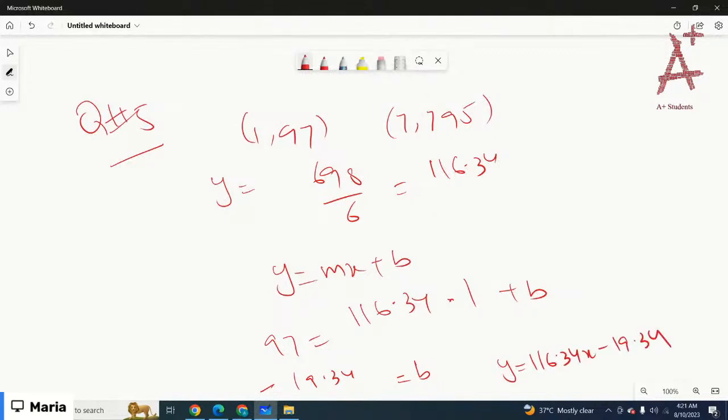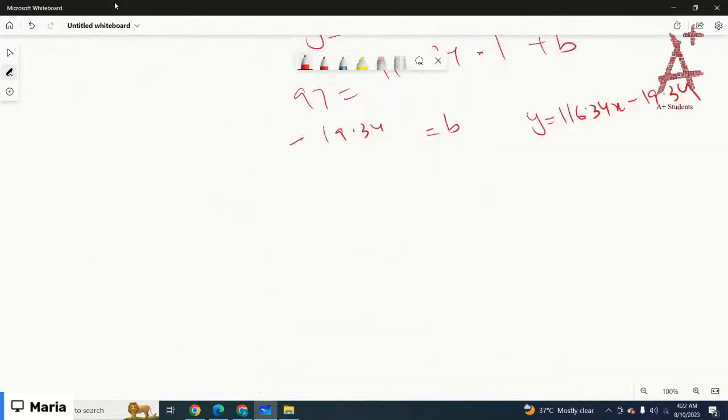Okay, let's just substitute 9 instead of x. So it would be y equals 116.34 times 9 minus 19.34, right? So when you solve it, it is 1027.64. That means the number of chairs produced in 9 days is about 1027, right?